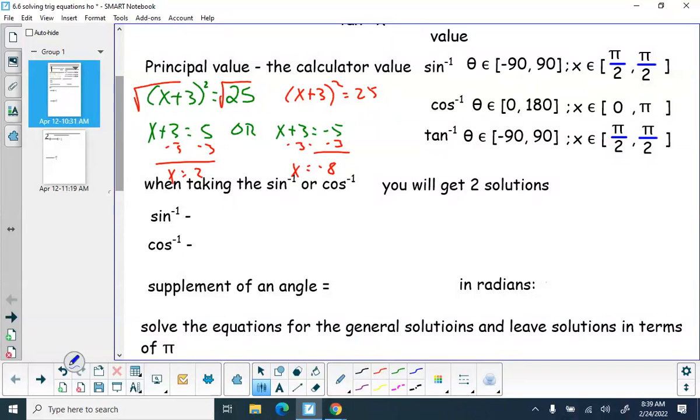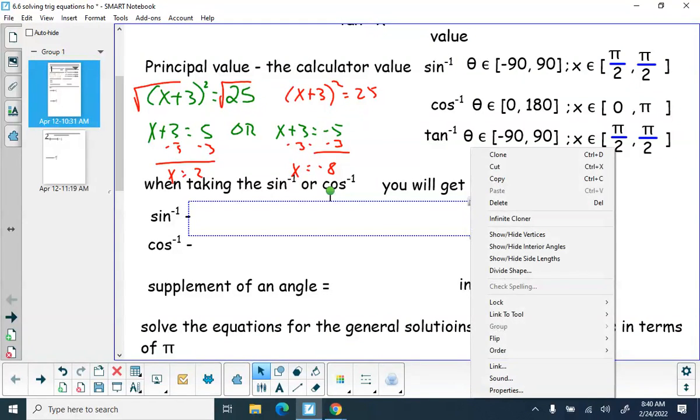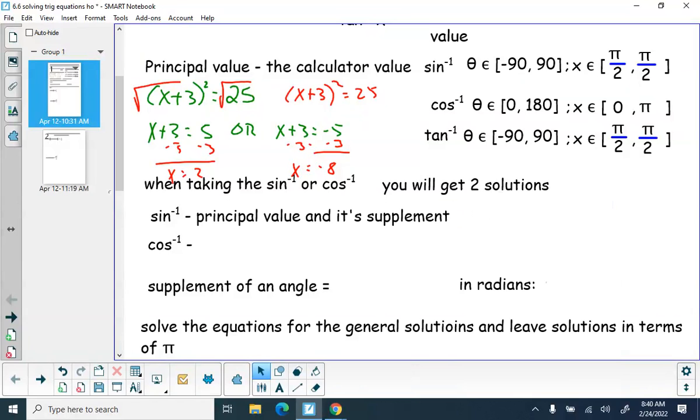Well, when taking inverse sine or inverse cosine, you get the exact same thing. When you take the inverse sine of a value or inverse cosine of a value, you get two solutions. You get one, which is your principal value, but the second one is its supplement. With inverse sine, you get the principal value and its supplement.